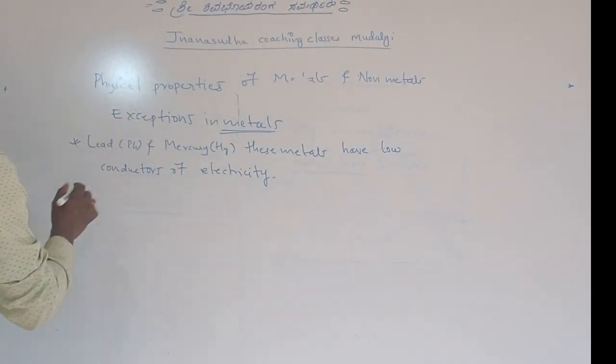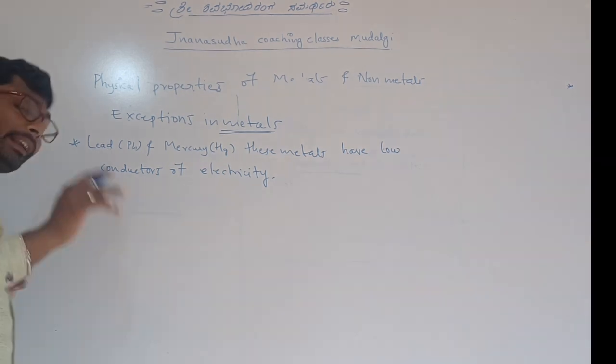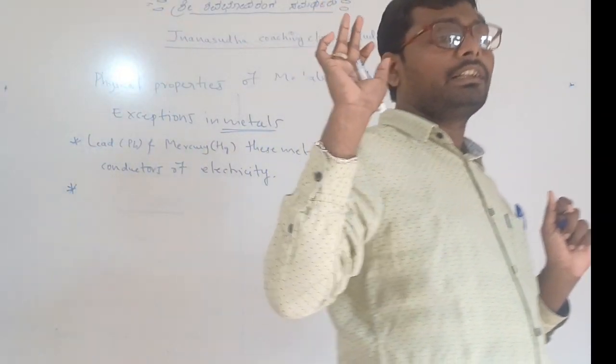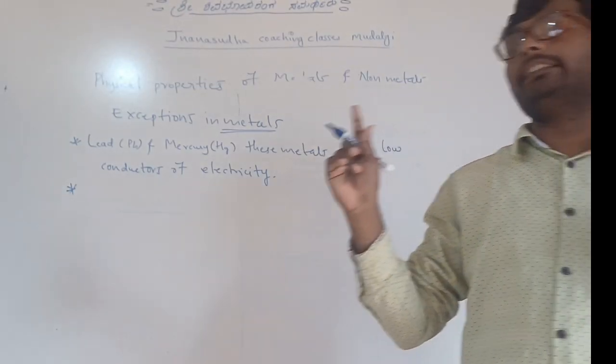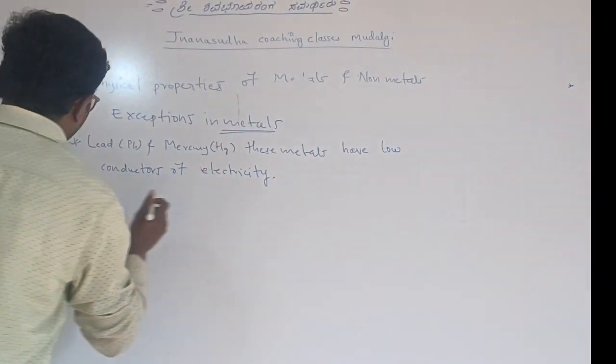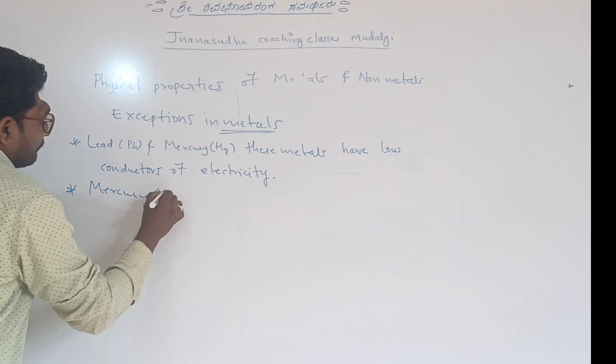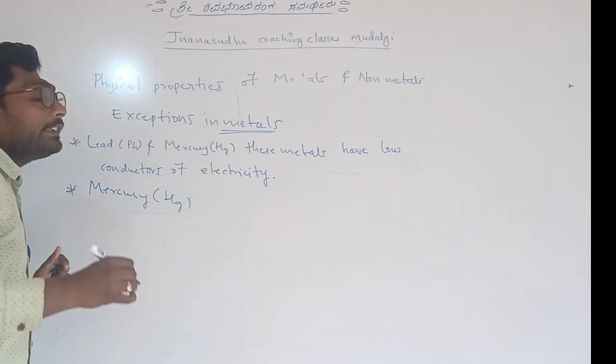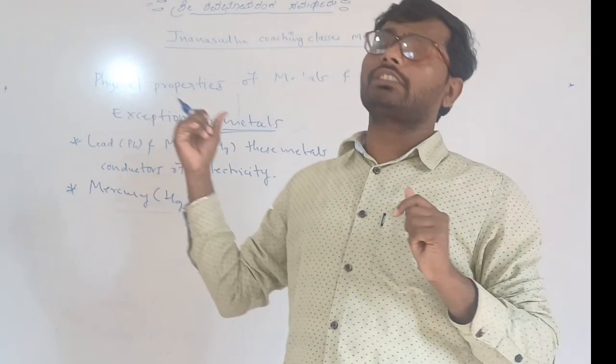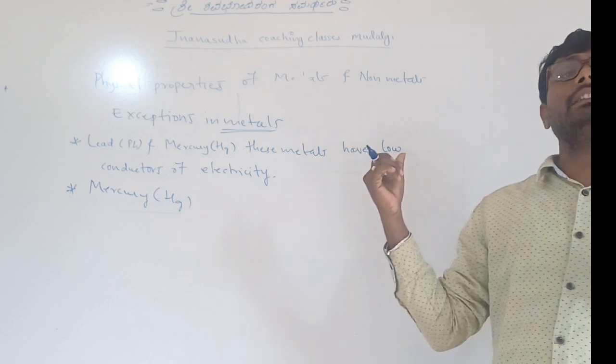Almost all metals are solid in nature, but one exception is mercury (Hg), which is not solid, it is available in the liquid state.